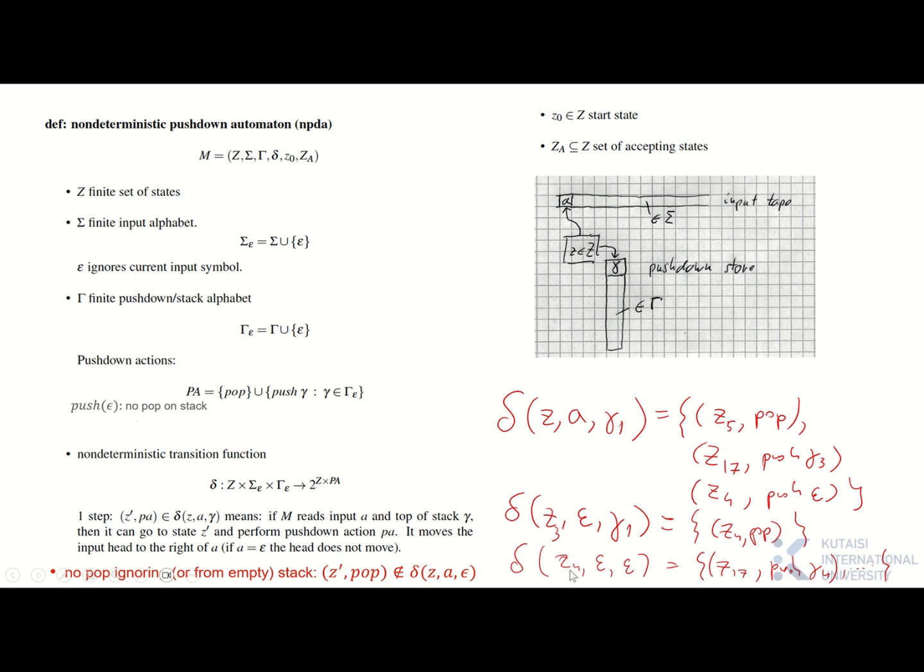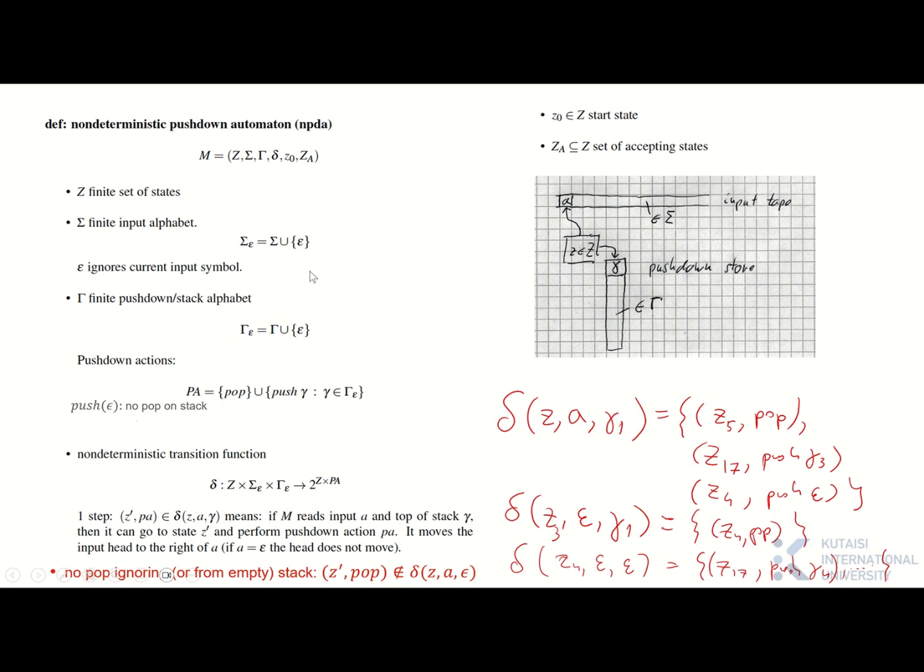This means that if I'm in state Z4 without looking at the tape or without looking at the pushdown symbol, I'm not looking at any of them, I can go to state Z17 and push gamma 4. Because epsilon is written everywhere on the tape, and it's also written on top always. So if there's some plate here, there's nothing on top of the plate as well. So you can take nothing somehow. This is what it means.